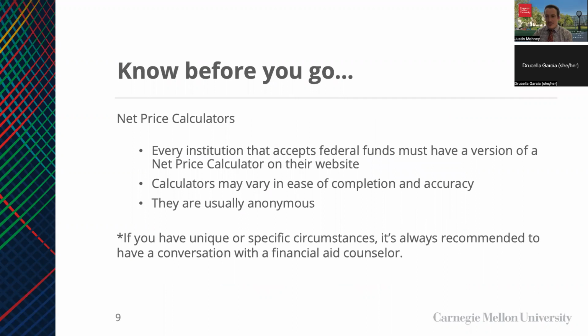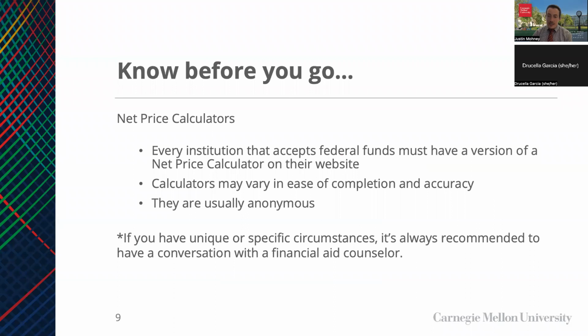A few things to know before you really go into this process. First, know that every school will vary in their policies and their practices and in their net price calculators. A net price calculator, as I mentioned, is mandated at every institution that accepts federal funds. These calculators vary in terms of their complexity, their ease of use, and by extension, their accuracy.